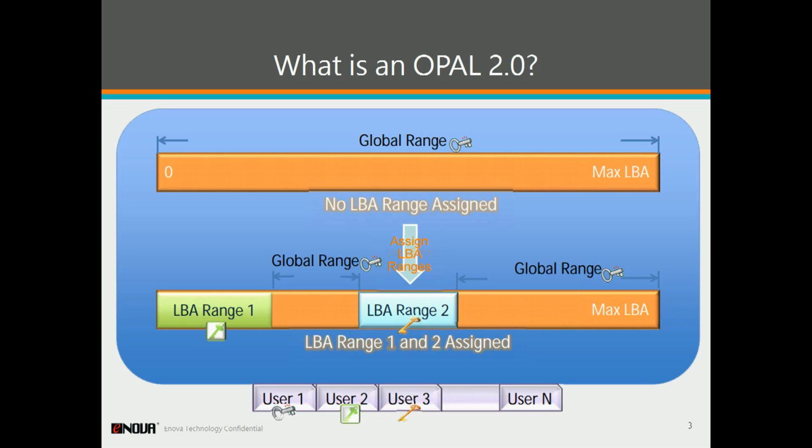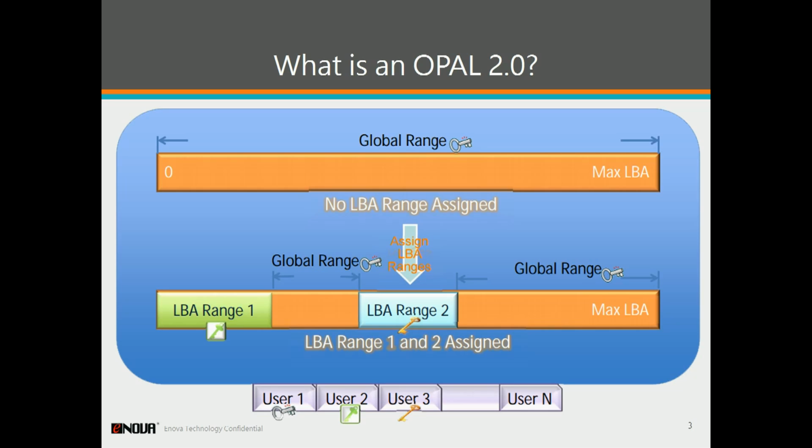For example, in this example, LBA range 1 and range 2 are being created. Again, as creation of the range will get a new key assigned, which again is an AES secret key. And this secret key is different from the range 2 secret key.